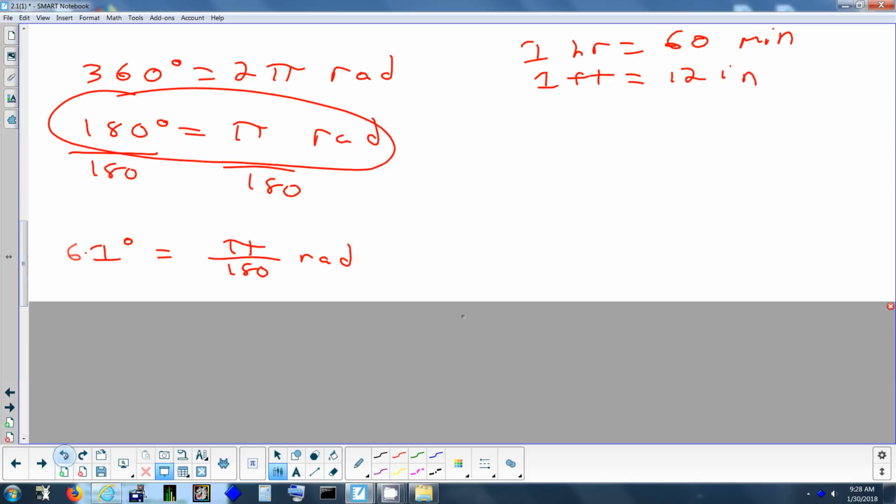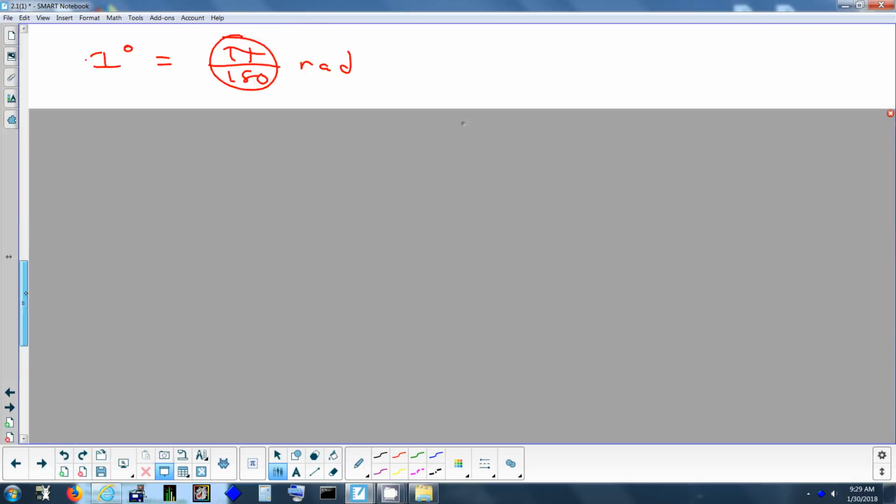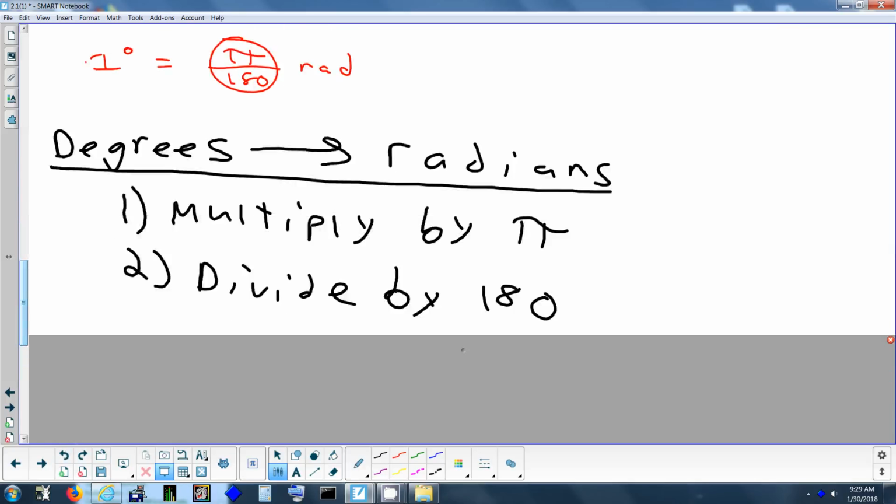So the key each time is right here. You have pi on top, you divide by 180 in the bottom. So anytime you want to convert from degrees to radians, pi is on top, divided by 180 on the bottom. Take whatever number it is, 6, 7, 13. If you want to convert 13 degrees to radians, multiply it by pi, divide it by 180.